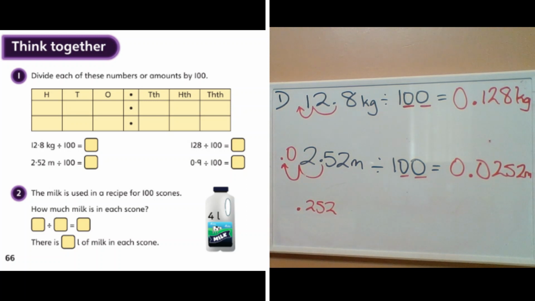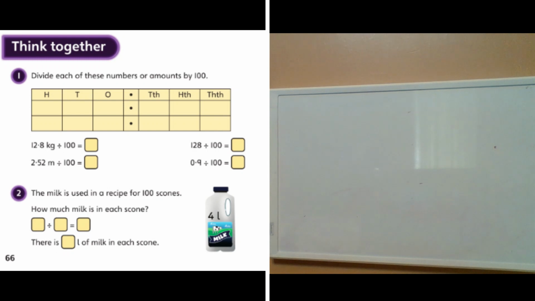I would have only divided by 10 because I would have only moved the decimal point from here to here. That's only one jump. So make sure that you put your placeholders in. If you haven't done so yet, make sure you pause the video so that you could work out those two problems from question 1. I'm moving on to question 2.